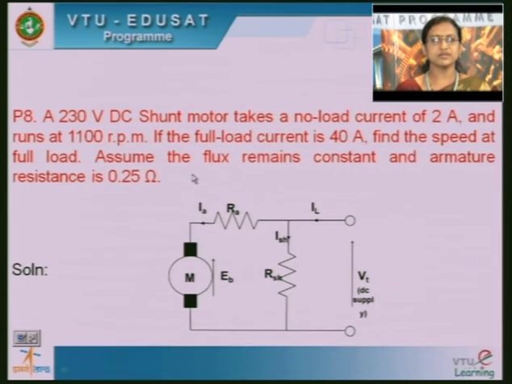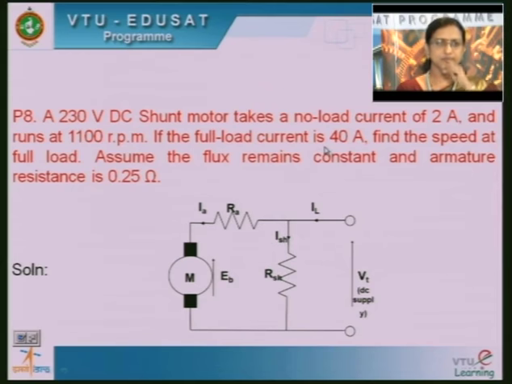And also it is given in this problem, assume the flux remains constant. Flux remains constant means ISH is also constant. You can find out this ISH by using voltage V divided by RSH, because the terminal voltage across this is V. So, V divided by RSH will give you this ISH.